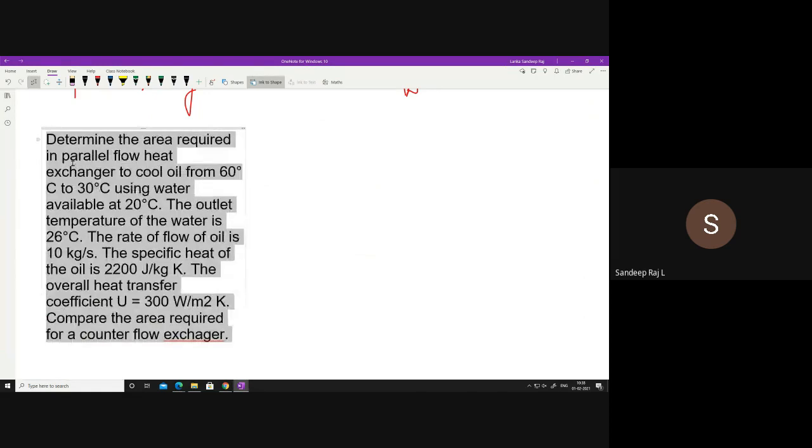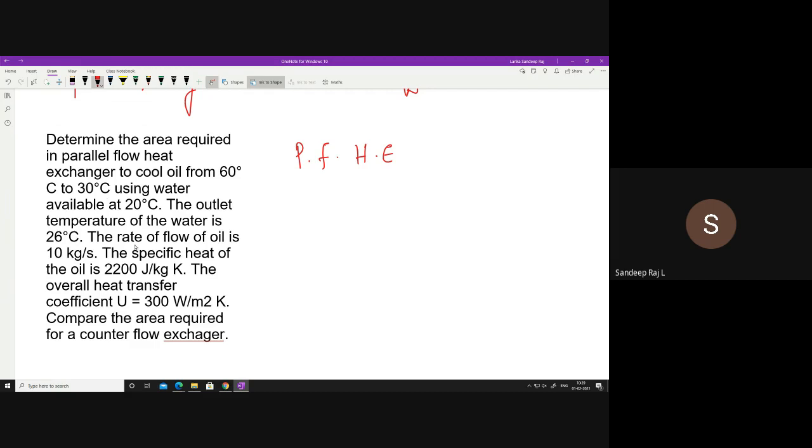In this problem, what he is saying, first he says determine. The first thing to do here is to find out what kind of heat exchanger it is. He is saying that it is a parallel flow heat exchanger. Once you know that it is a parallel flow heat exchanger, you will be in a position to solve it.